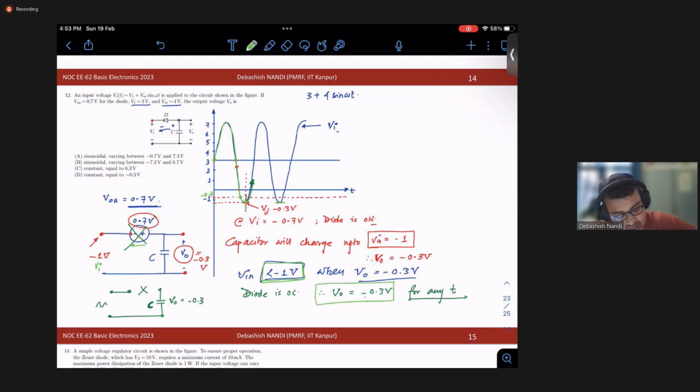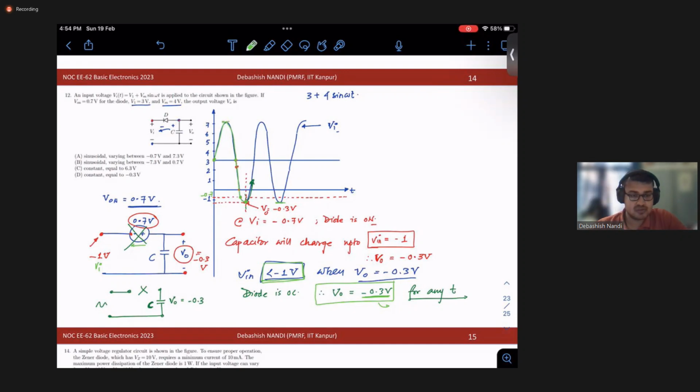So after some time, when my first peak appears, the capacitor stores this voltage for the entire time, irrespective of whatever you are giving at the input, unless it is less than minus 1 volt. And your sinusoidal signal's maximum is 7 volt and minimum is minus 1 volt.